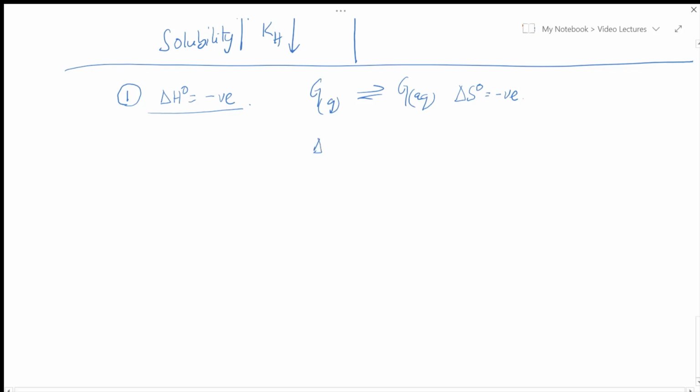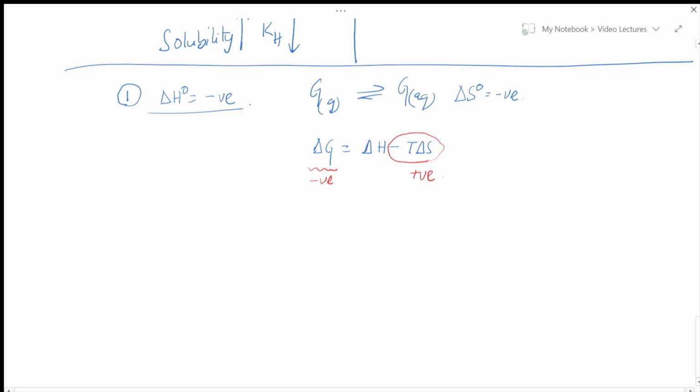And if you evaluate delta G for such a process, which we're writing as delta H minus T delta S, then the second term, including the sign, minus T delta S, is already positive. If you want dissolution to take place, you want delta G to be negative, or delta G naught if you're taking it under standard conditions.